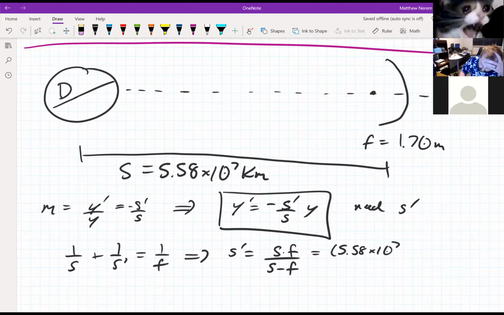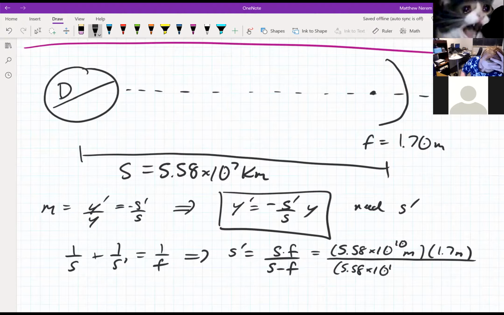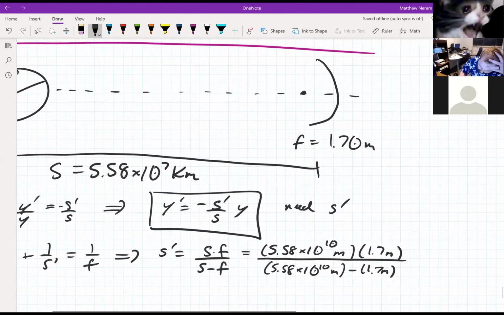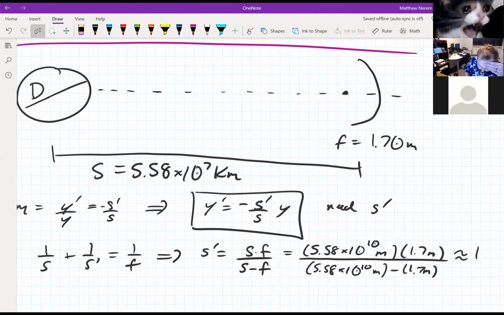You need to put that in meters, so multiply by another 1,000, giving 10 to the 10th meters, times 1.7 meters, all over 5.58 times 10 to the 10th meters minus 1.7 meters. It's about 1. Did I make a mistake?